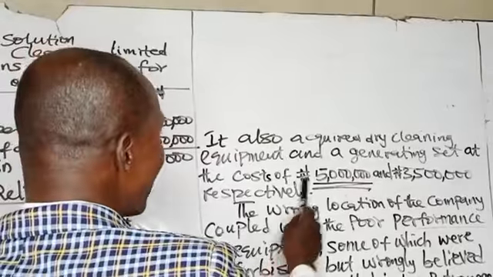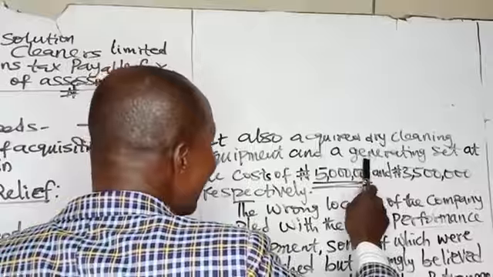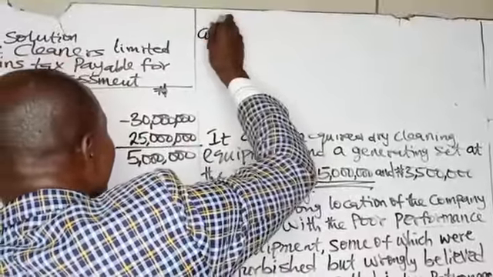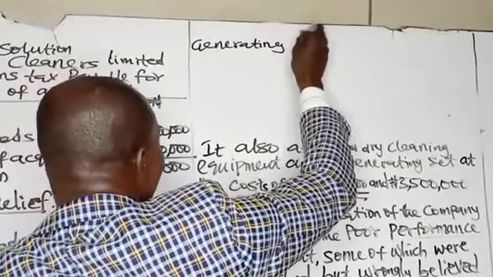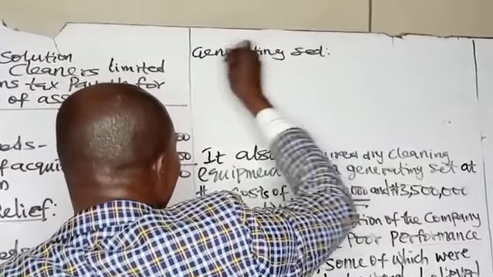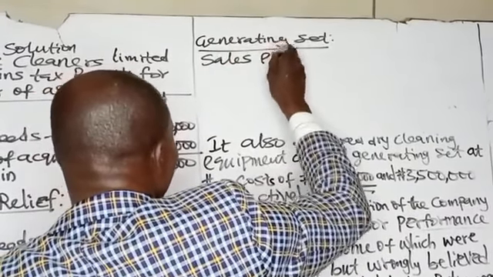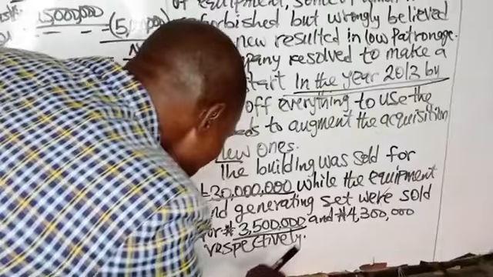The third asset which was disposed is generating set. Now let's have generating set. Sales proceeds.